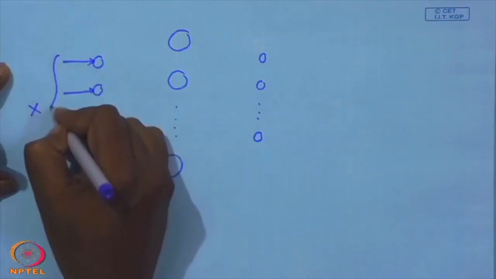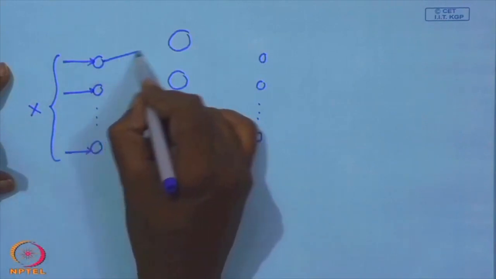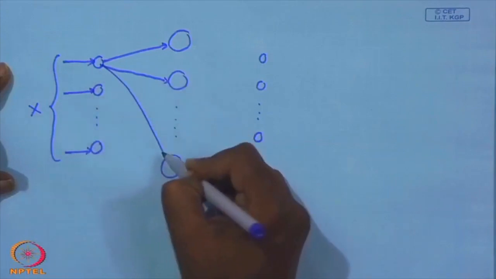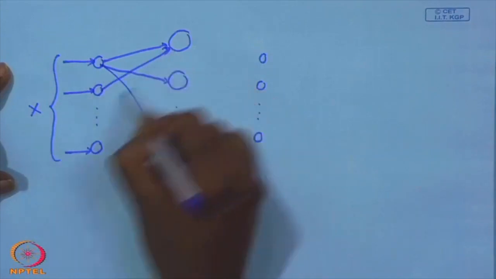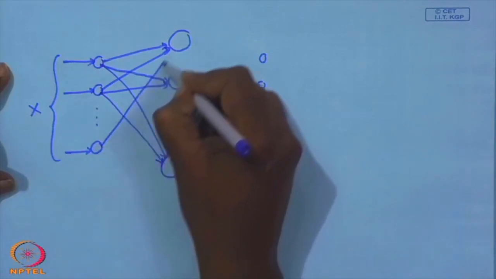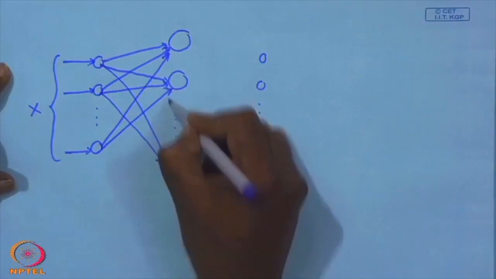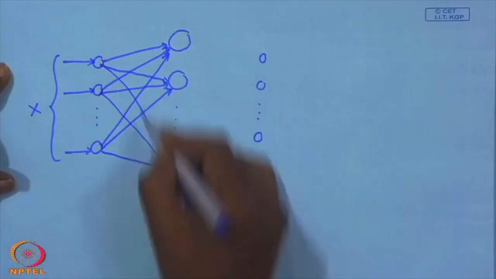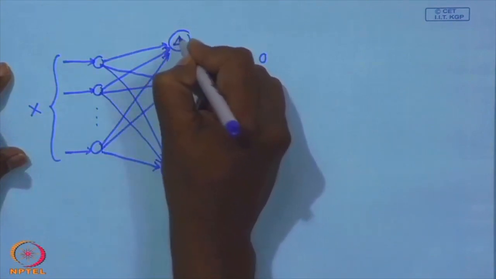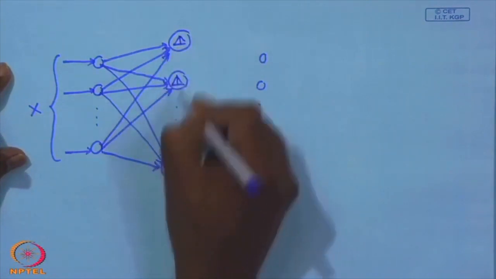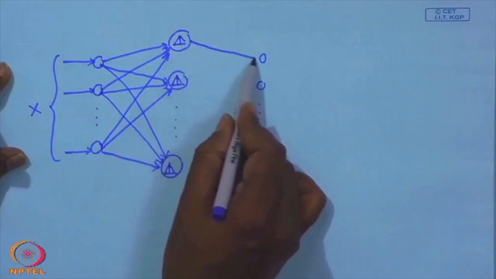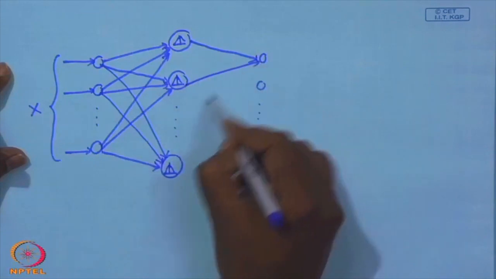So, here I feed x, which are fed to the hidden layer nodes through connection weights, which are 1, and outputs of these hidden layer nodes, these are my radial basis functions. Outputs of the hidden layer nodes are connected to the output layer nodes.